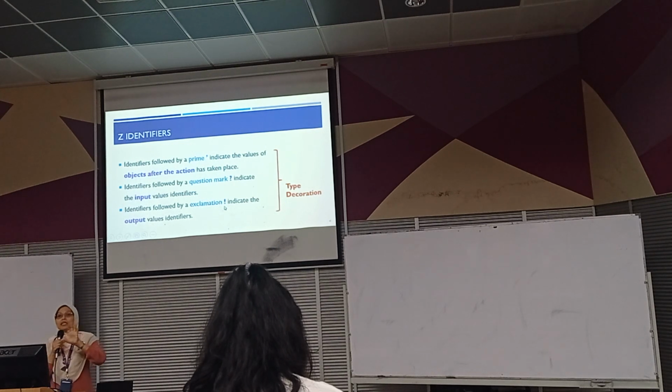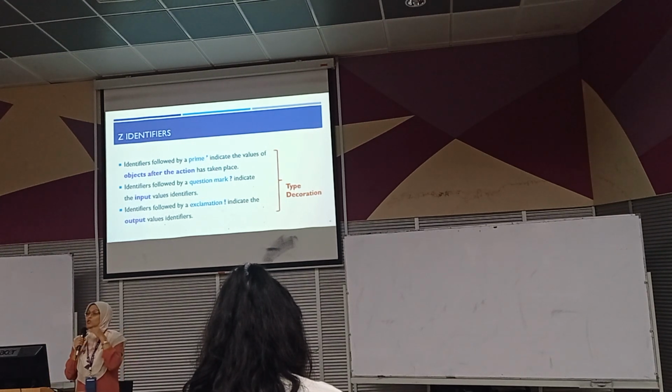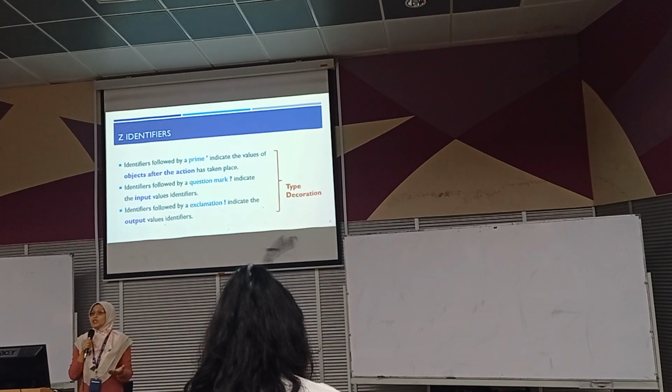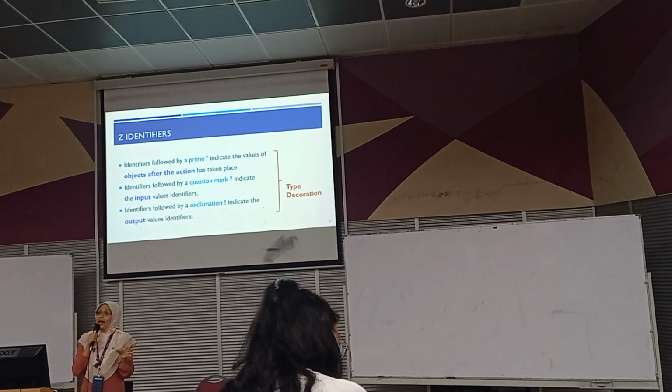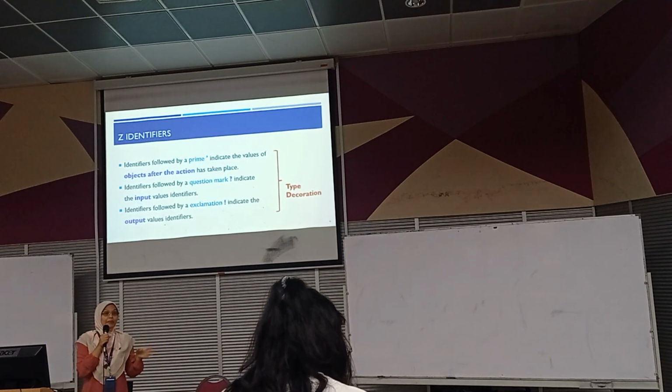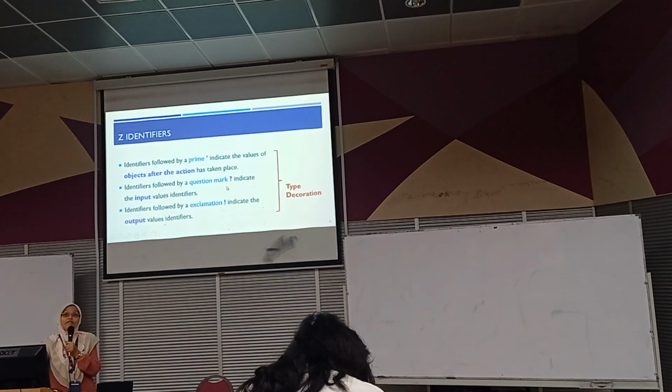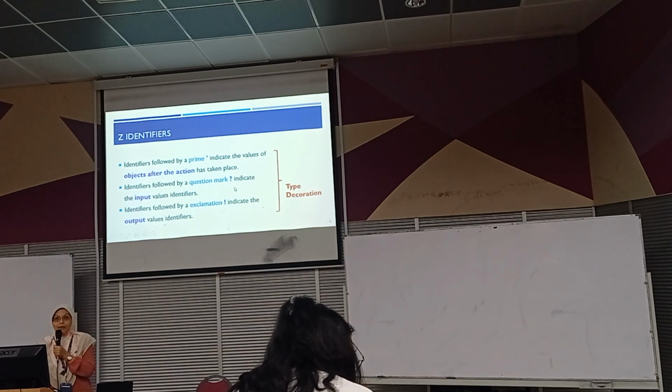These three symbols are used because when you deal with your Z schema later, you may want the user to enter information, input into your system. When you ask the user to enter input, your identifier or variable must have a question mark.